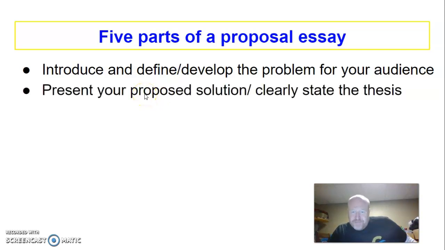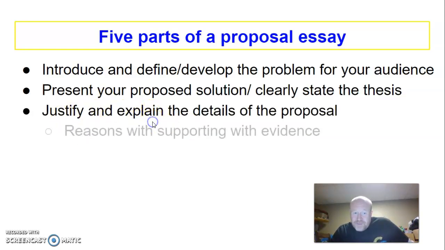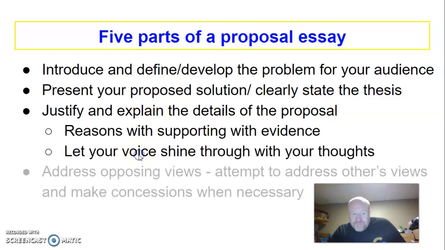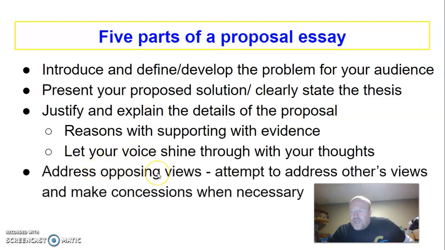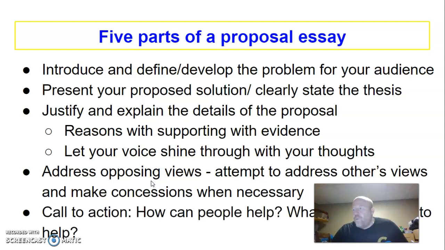Here's my solution, which will really be in the thesis. Here are the details of my proposal, and here I justify and explain it with some examples and my thoughts. Then the other side: what are the skeptics going to say? Try to knock them down as best you can. And then a call to action: what can people actually do? So those are the 5 parts.